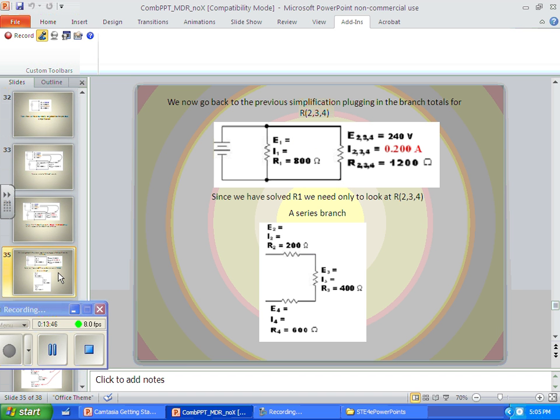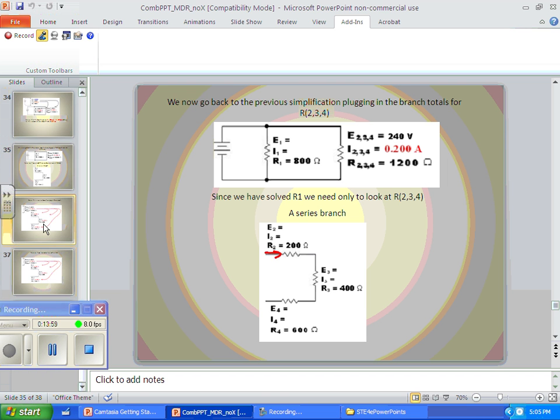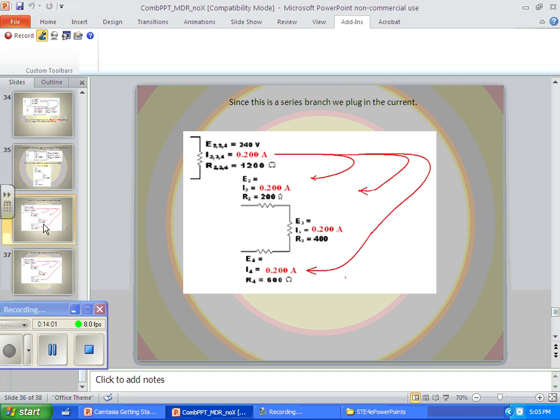Let's take our 200 milliamps back to our original R234 branch where it's all series, and we're going to plug in our 200 milliamps, and we're going to get 200 milliamps everywhere, and now we can multiply up to get our voltage drops, and not too surprisingly, we get voltage drops that add up.